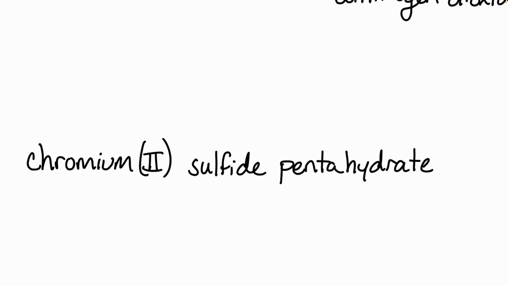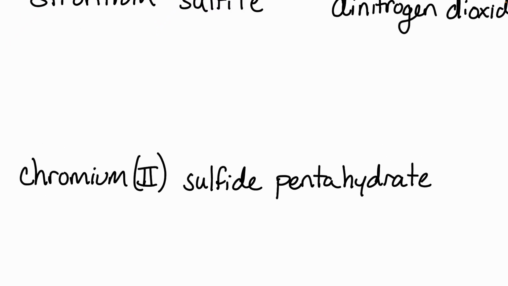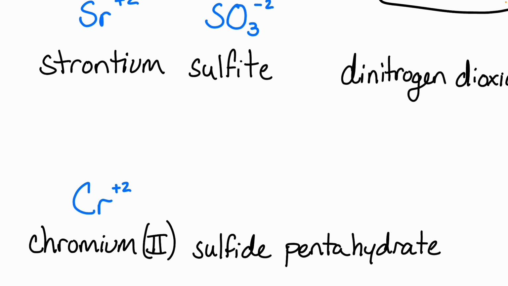Okay. And lastly, we'll do the last name to formula here, chromium(II) sulfide. So first of all, that II is telling me the charge on my chromium ion. And sulfide, different from sulfite, sulfide is the monatomic sulfur ion.